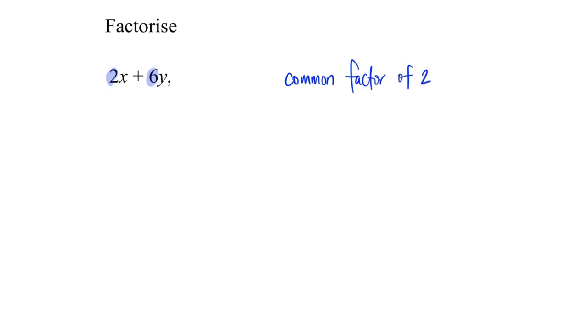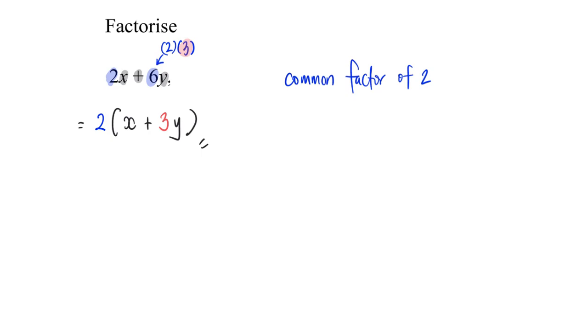So I am going to take out 2 as the common factor, and I'm left with x plus, now this 6 is 2 times 3, right? So if I have taken the 2 out, I'm left with 3. Of course, not forgetting the y down there.